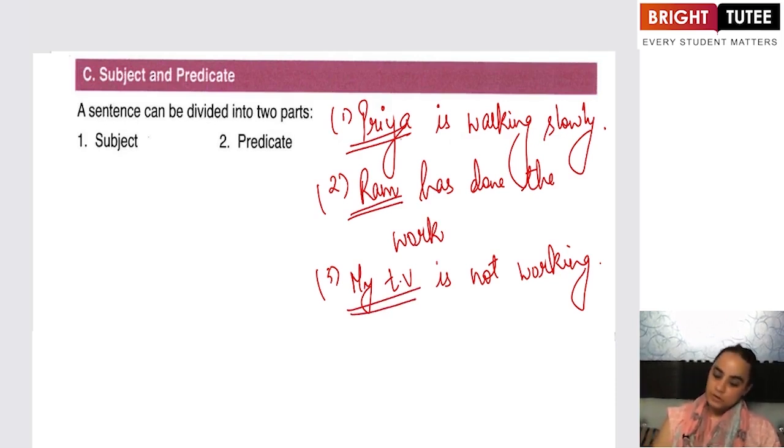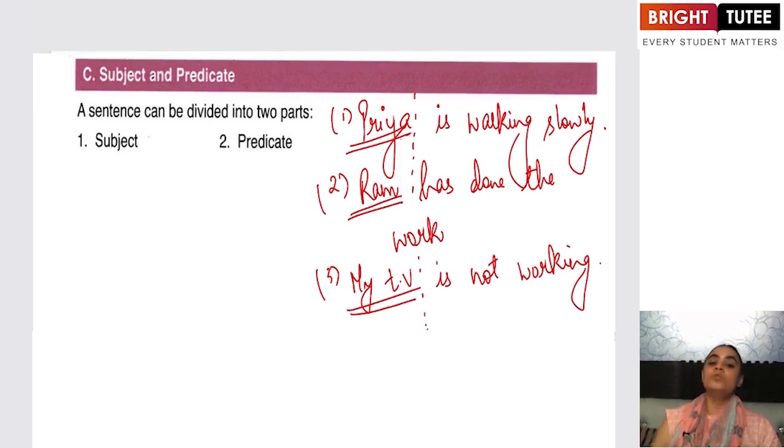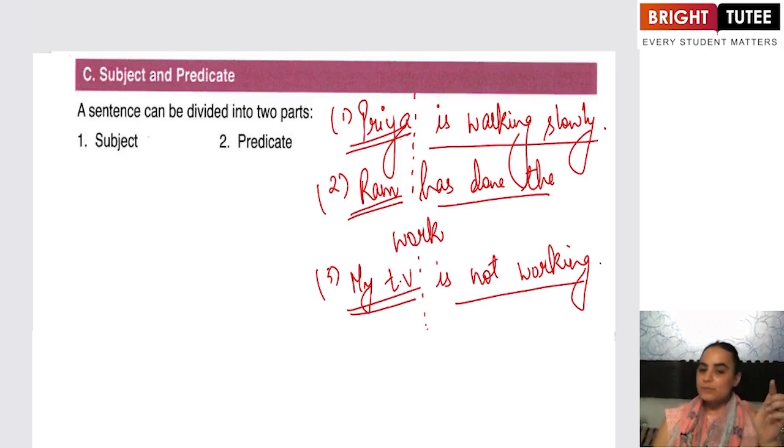It is my subject. So, in all the sentences, what we are talking about or who we are talking about is the subject, and the rest of the sentence is going to be your predicate. So, subject is the name of the person or the thing that you are speaking about, and predicate refers to the rest of the sentence to be precise.